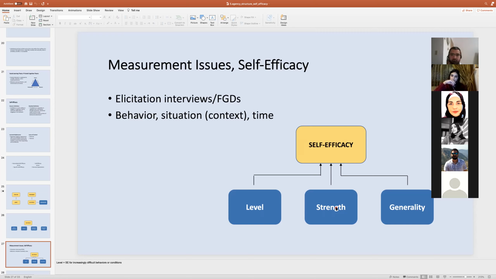You need to anchor self-efficacy into both the behavior that you are trying to measure, the behavioral change, and the context in which the individual is placed. And there's this term where you need to have anchored measures, meaning you cannot measure self-efficacy generally.